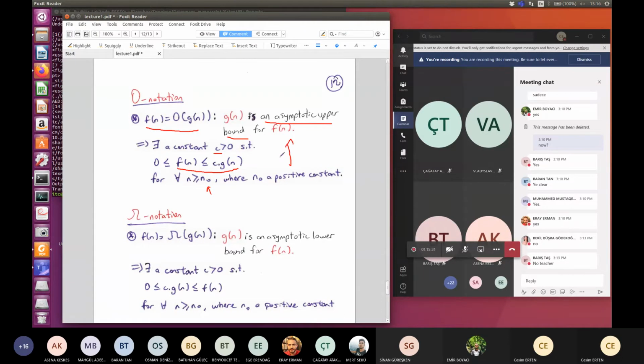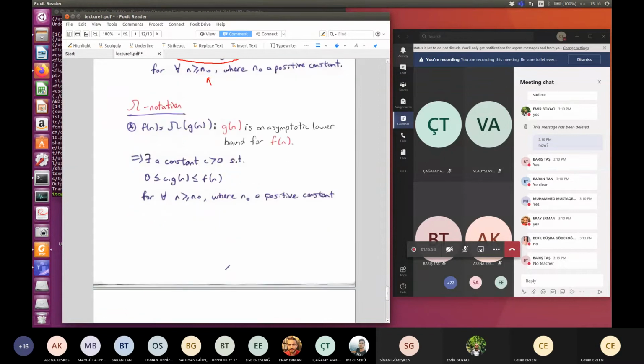Figuratively, it tells us the following: if I draw the c times g of n like this, then f of n will, after some point, always be lower than it. So this is f of n, this is some constant times g of n.